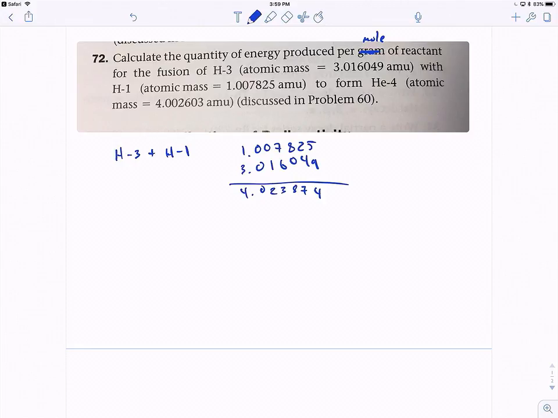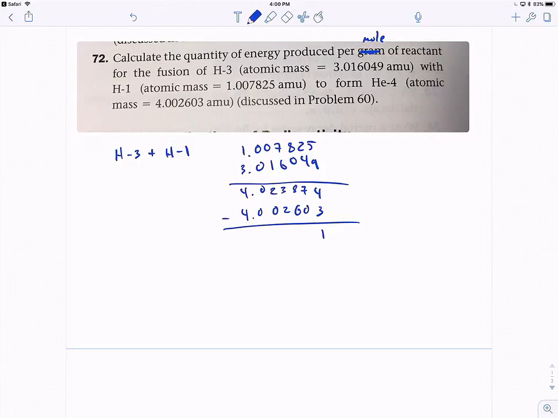Okay, so that's the mass in atomic mass units, and then we're going to subtract out the mass of helium 4, 4.0022603.